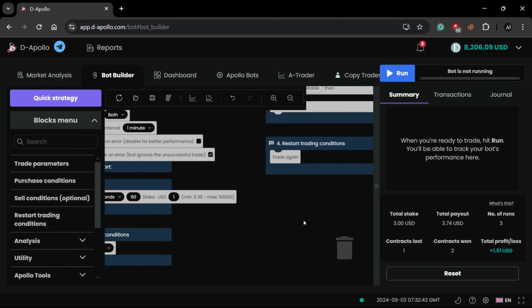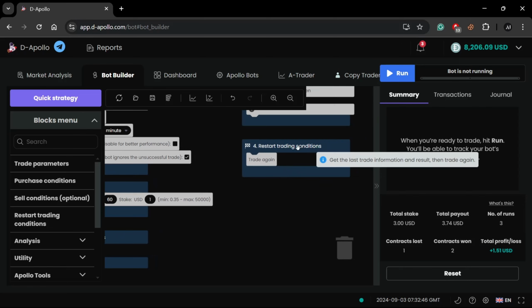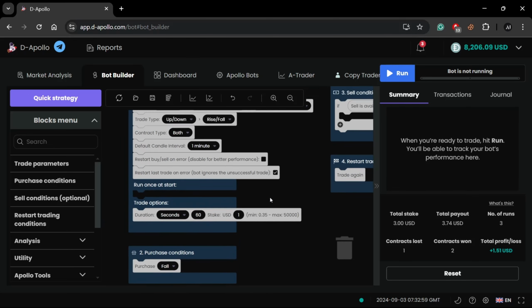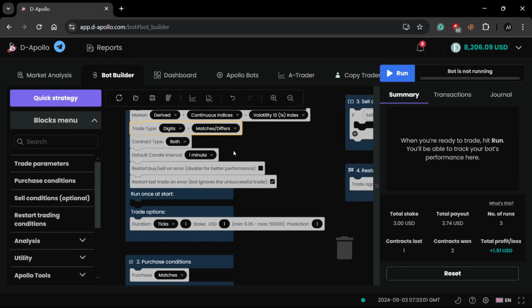Okay, and then here we have the restart trading condition. The restart trading condition is where you want the trading to be restarted. If I have the trade again block here, the bot will keep on trading over and over again. For example, let me go to digits, over, and say over 2.